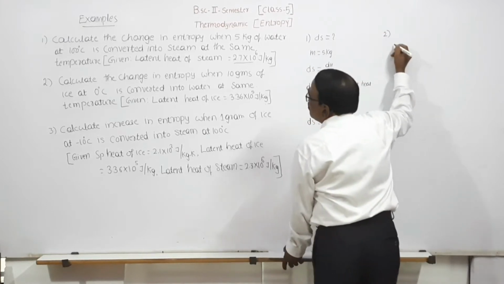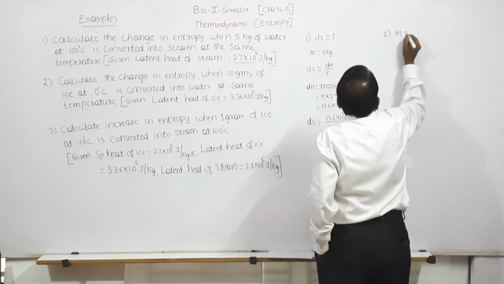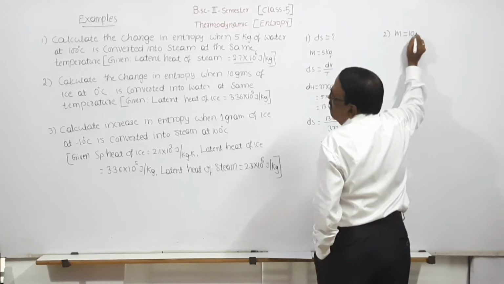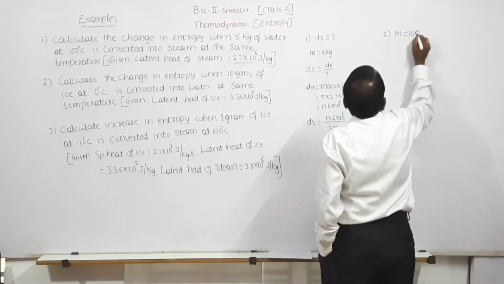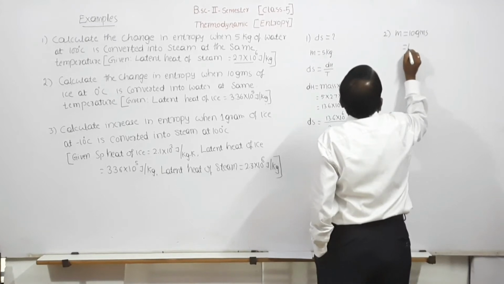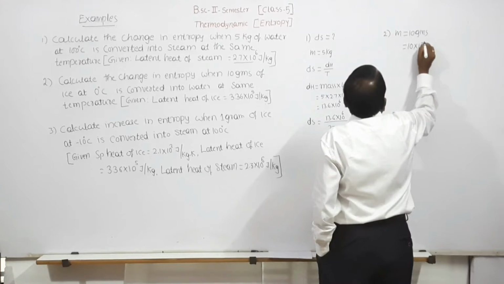What mass is given? 10 grams. It is 10 into 10 raised to minus 3 kg.